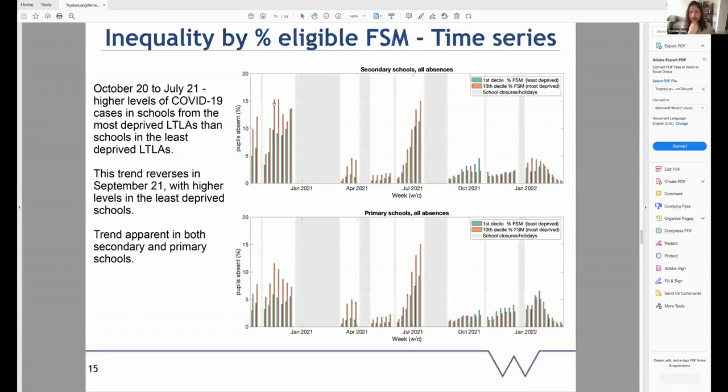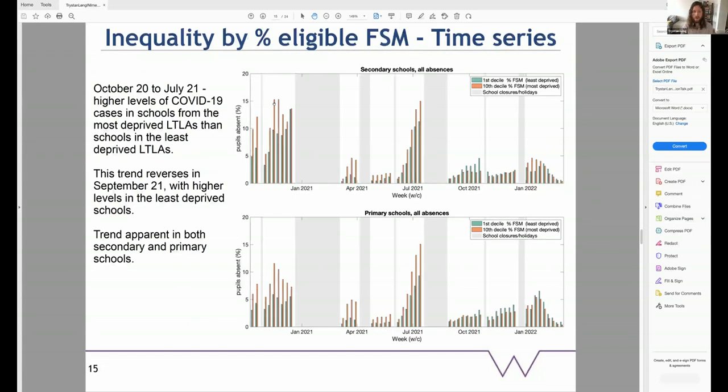How do these things compare when we look at inequality by these two measures through time? Firstly, considering the percentage of pupils eligible for free school meals as a measure of deprivation, we see the trends that Alison alluded to and that we saw in the regional data echoed once again. We see higher levels of COVID-19 cases.